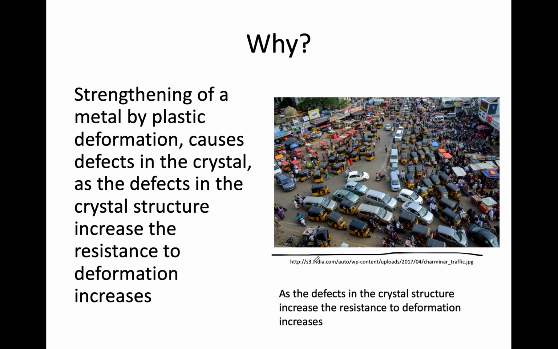Now, as more and more defects are added to the crystal structure, it actually becomes harder for those defects to move. So deformation occurs as defects move through the crystal structure, but the more defects we have, the more difficult it is for those defects to travel. The harder it is for them to travel without running into another defect and having this traffic jam type effect, where it is more difficult, and by more difficult we mean it takes more energy for deformation to occur.